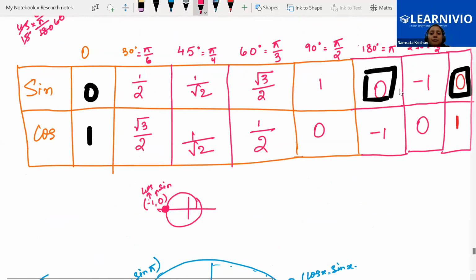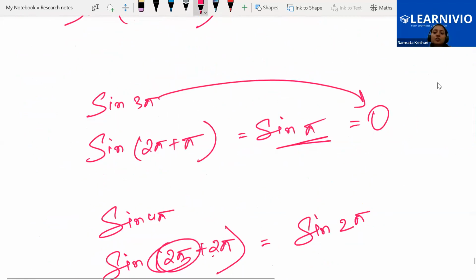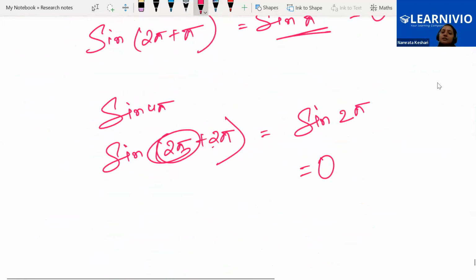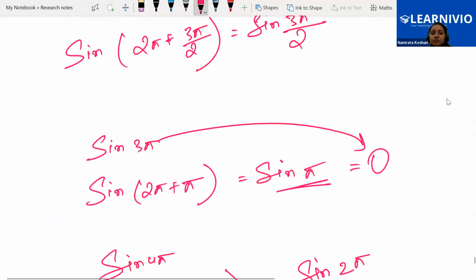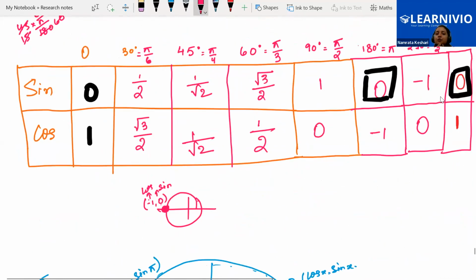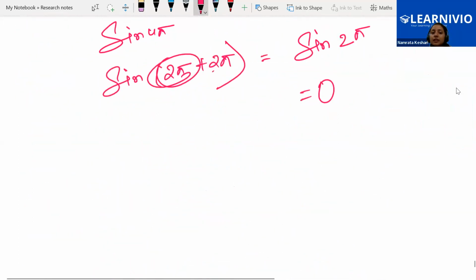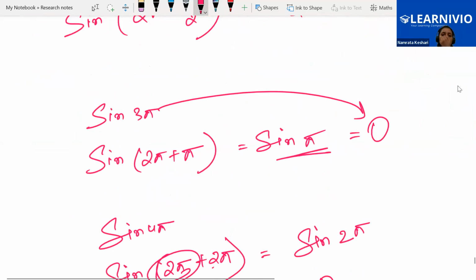That's why I have kept it in a box: at pi it was 0, at 2 pi it was 0, so here also it is 0, sin 3 pi is also 0, 4 pi is also 0. Let's see the pattern. Are you able to see the pattern? Sin pi 0, sin 2 pi 0, sin 3 pi 0, sin 4 pi 0, even sin 5 pi will also be 0.